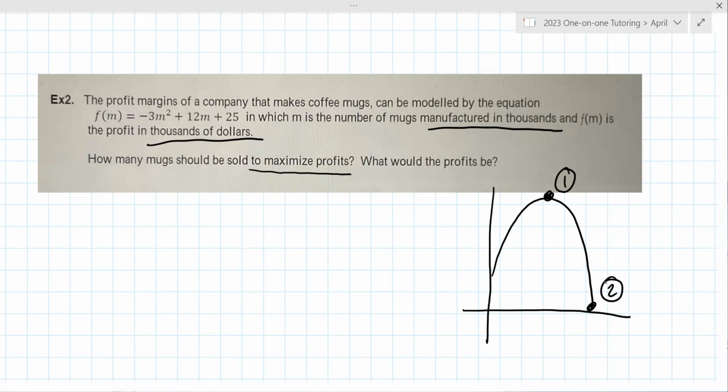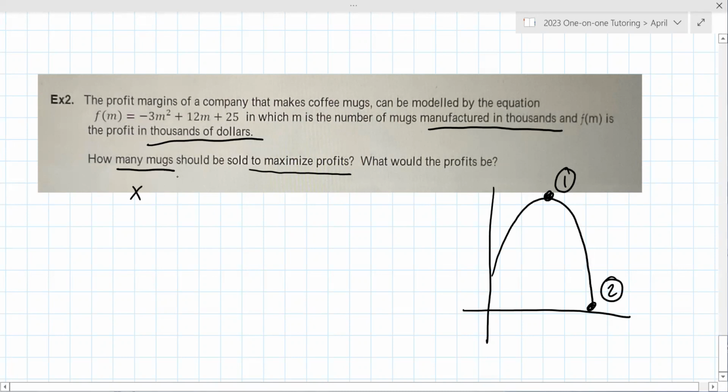In fact, we're looking for the y value again. I'm sorry, no. We're looking for just the x value of this. So it's a lot like the last problem. A equals whatever, B equals whatever, C equals whatever it is. And then the x value is minus B over 2A.